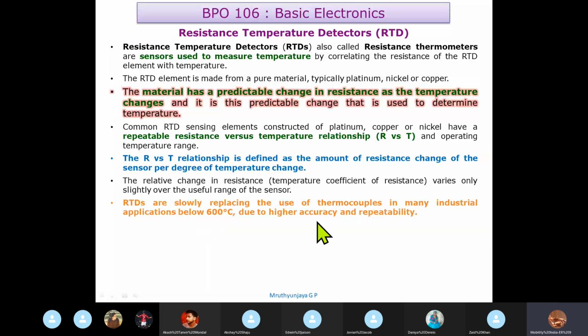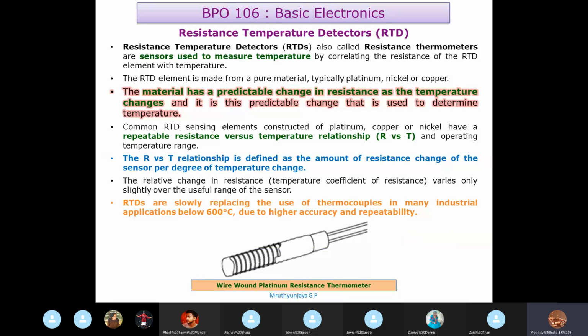When we say accuracy, it is the variation of resistance with variation of temperature. Repeatability is the same variation in resistance for the same variation in temperature, repeatedly done. It doesn't change with time.